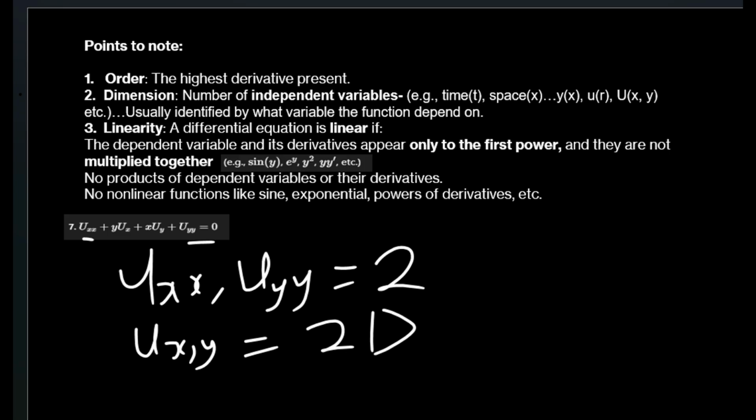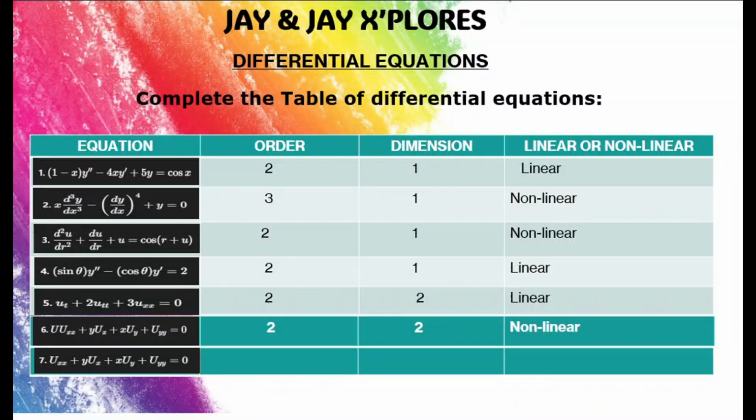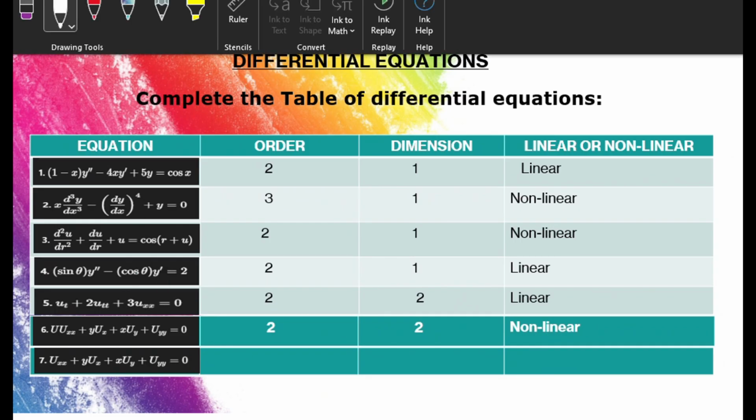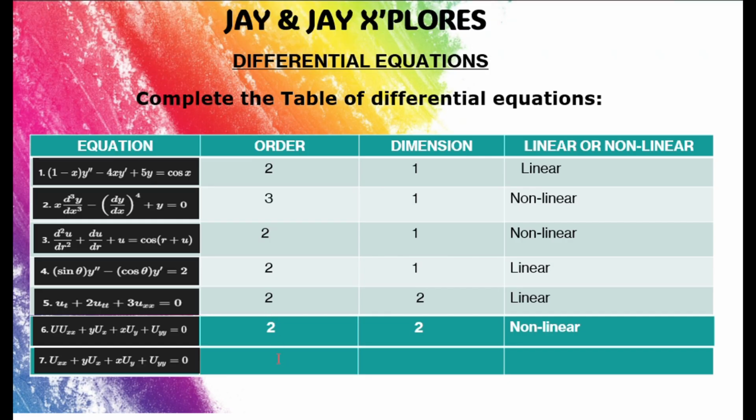We could see that the derivatives are only raised to the first power, right? Yes, we don't have any exponential term or any sine term there. So this is a linear equation.